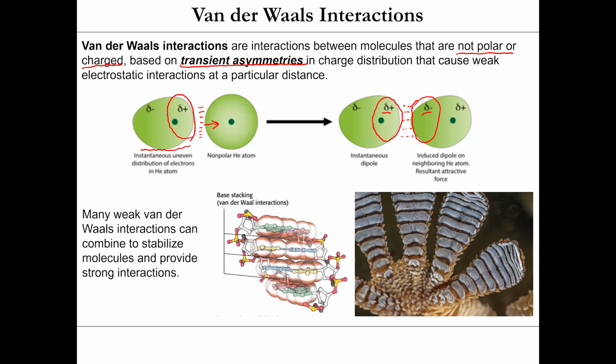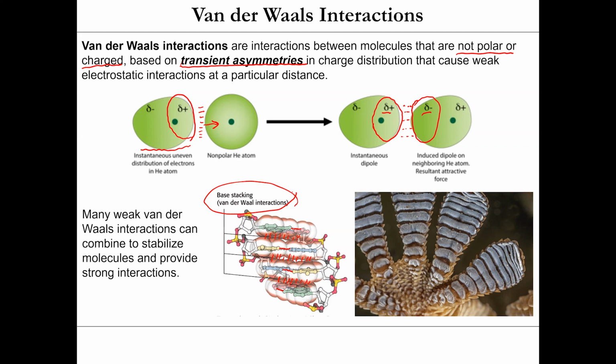For instance, we have the DNA double helix again. These two nucleic acids interact via hydrogen bonds, but in between these two nucleic acids is a phenomenon called stacking, and that is based entirely upon these van der Waals interactions.